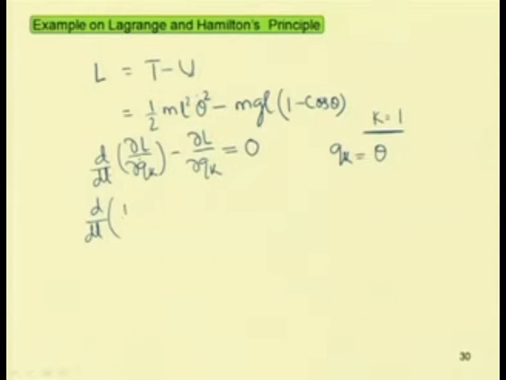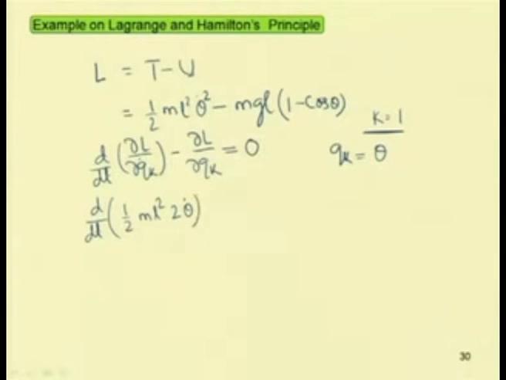So, it will be half m L square into 2 into theta dot. And if you differentiate this thing with respect to theta dot, then it will be 0.